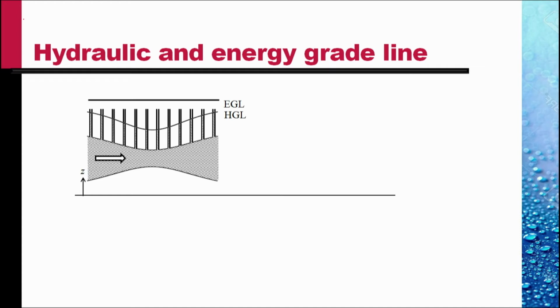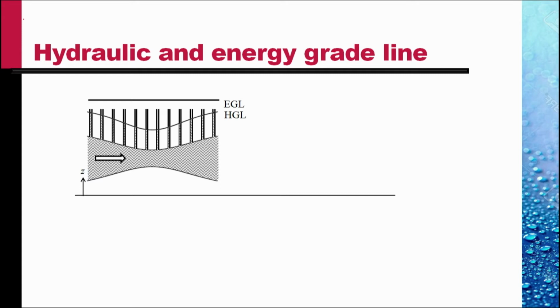Consider a converging diverging channel with a liquid flowing in this. Simple application of the Bernoulli equation would show that as the fluid moves down this channel, in the converging portion the velocities would be increasing and so the pressure would be decreasing. In the diverging portion, the velocities would be decreasing and the pressure would be increasing.